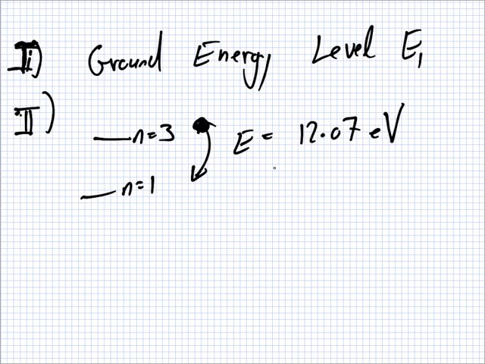This energy is lost by emitting a photon of that energy. Right, so you have hf equals 12.07 electron volts.